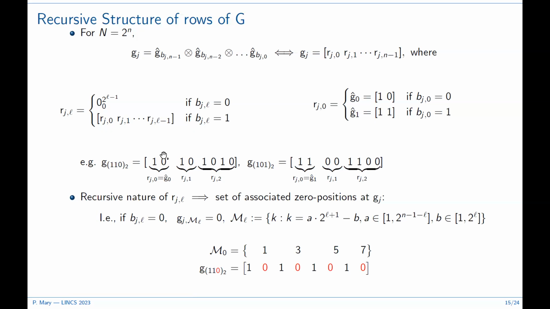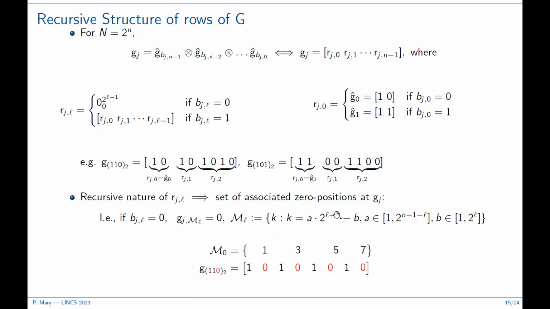And this allows us to define the set ML that identifies the position of zeros in the row of the polarization matrix. For instance, M0 is 1, 3, 5, 7 because B60 is at this position.